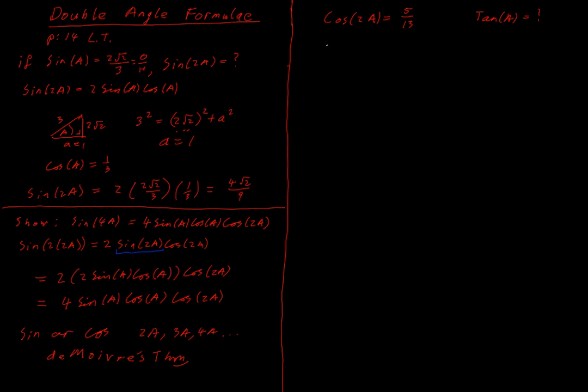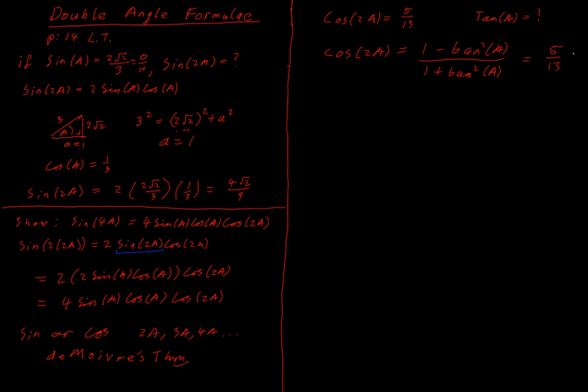And I'll see that cos of 2a is equal to 1 minus tan squared a all over 1 plus tan squared a. And I'm told in the question that that is equal to 5 over 13.